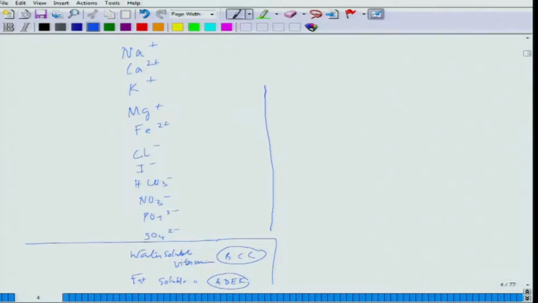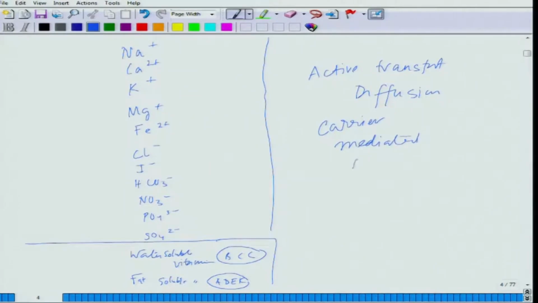Most of these are absorbed through the intestinal mucosa by the process of either active transport or diffusion, and sometimes carrier mediated diffusion.